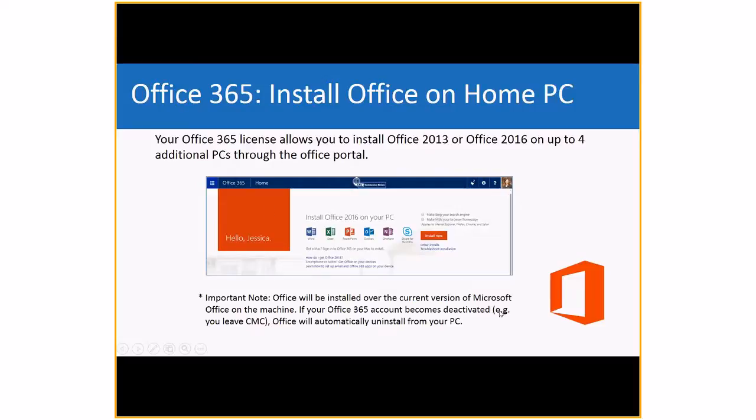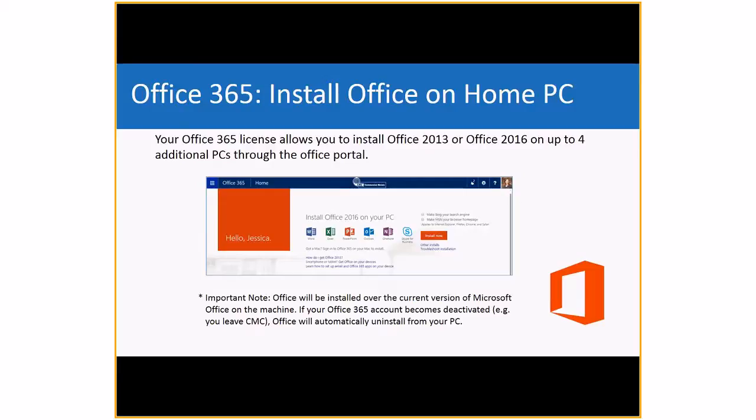This is the important note I want to make sure everyone understands though. Office, whichever one you do, Office 2013 or Office 2016, will be installed over the current version of your Microsoft Office. So if you still have the CDs and the license key, you might want to keep those handy.